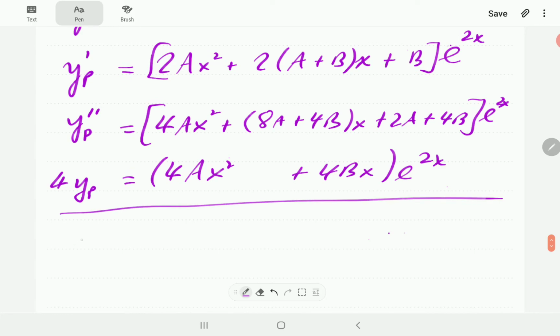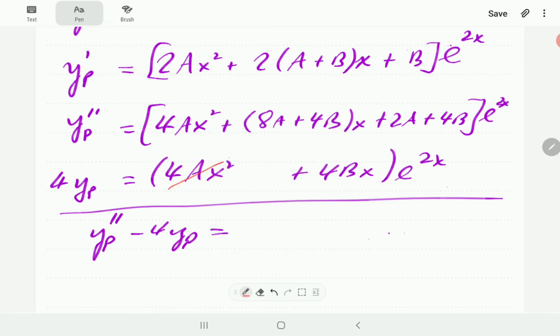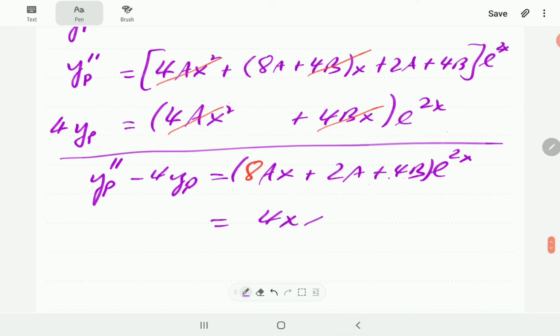So what this means is that yp double prime minus 4yp is going to be such that this term cancels out and this term cancels out. So we're just going to have 8ax plus 2a plus 4b e to the 2x. This is equal to 4x e to the 2x on the right hand side.